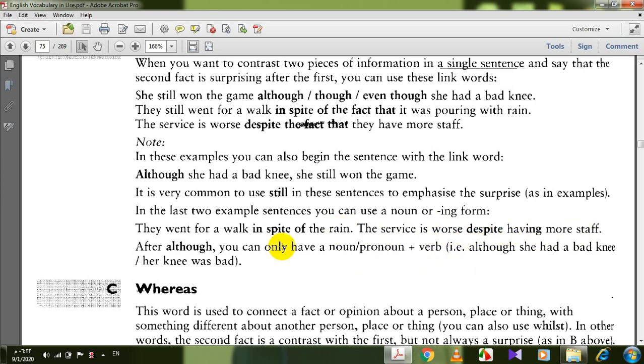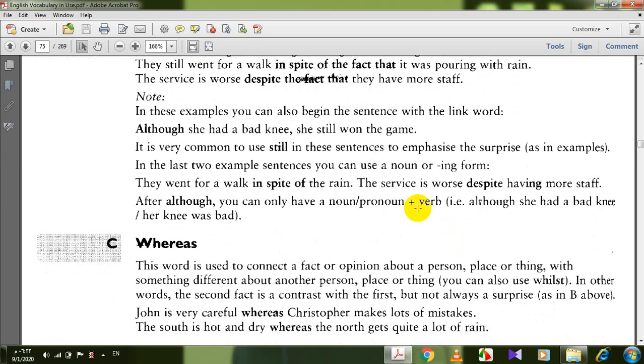This is another example. Despite being, ing form, or despite his richness, or in spite of his richness, he was unhappy. After although, you can only have a noun, pronoun, verb.